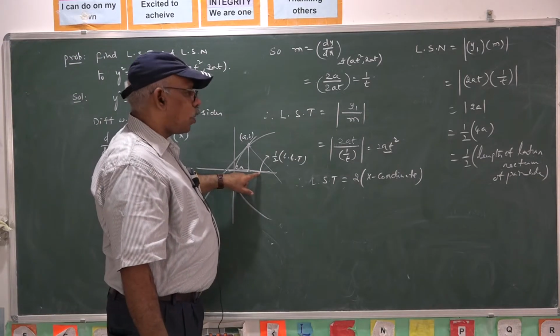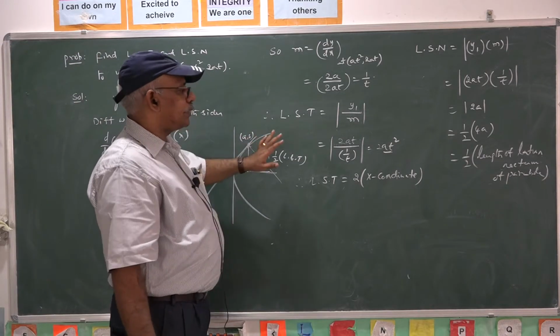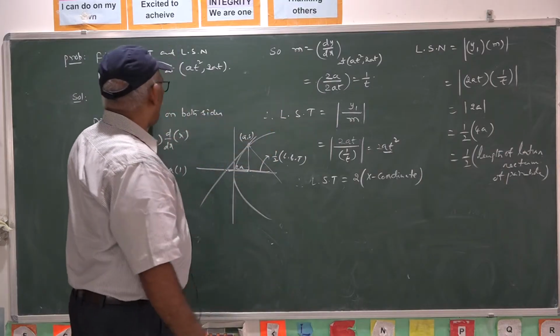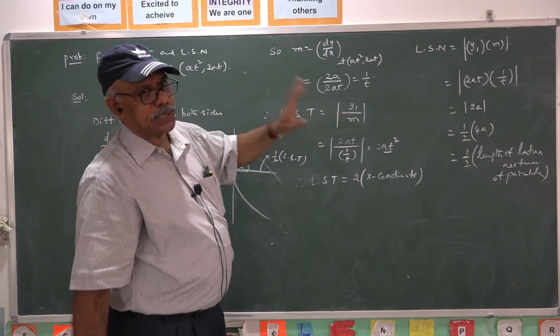So, this subnormal in the parabola is always equal to half that of the length of the latus rectum.